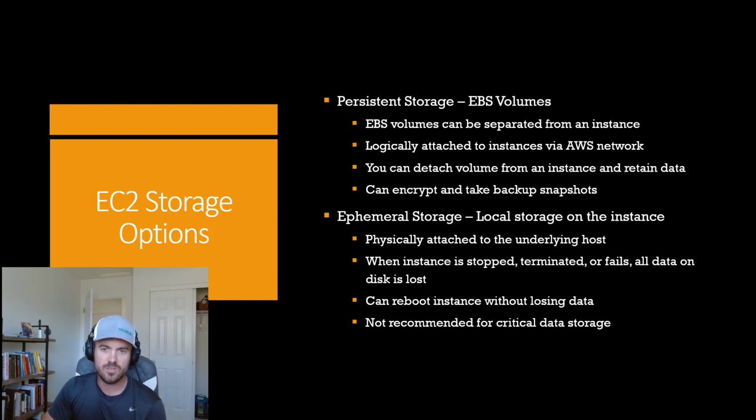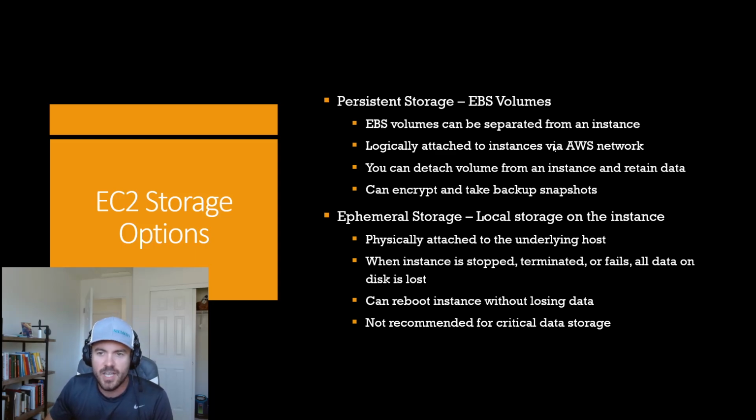EC2 storage options. So you've really got two main types here. You've got persistent and ephemeral storage, okay? Persistent storage is likely going to be the go-to, and it uses EBS volumes, so elastic block storage. The reason it's persistent is because EBS volumes can be separated from an instance and they can be reattached to another instance, or if an instance fails, whatever's stored on your EBS volume will remain regardless of the status of the instance it was attached to.